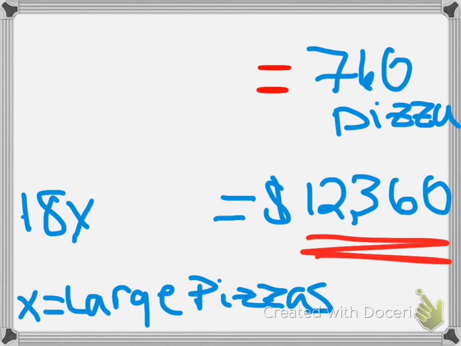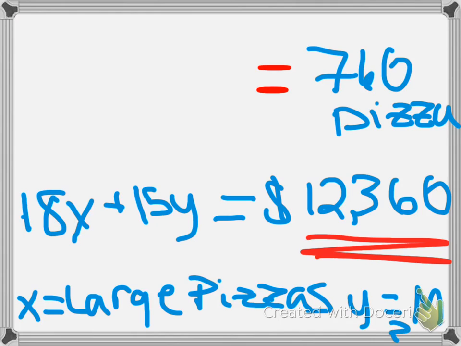And then it says medium pizzas cost $15. $15 again is part of this total cost. So plus 15y, where y is equal to the medium pizzas.